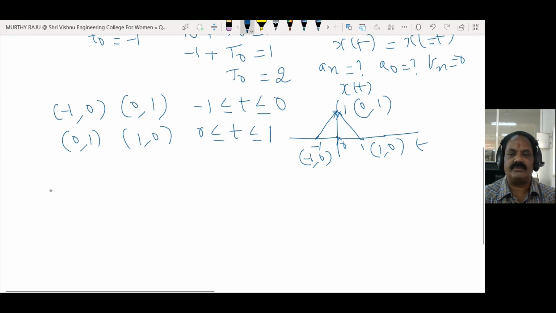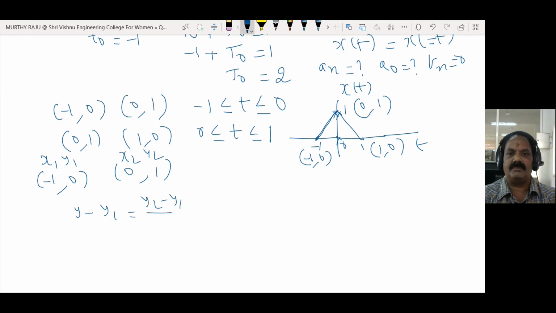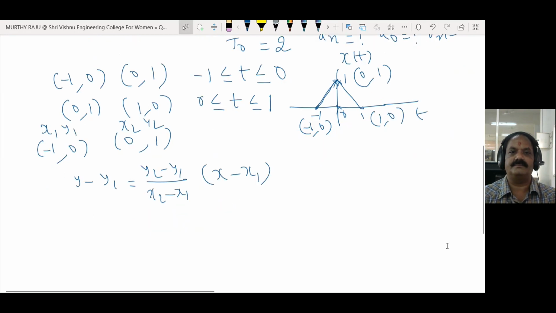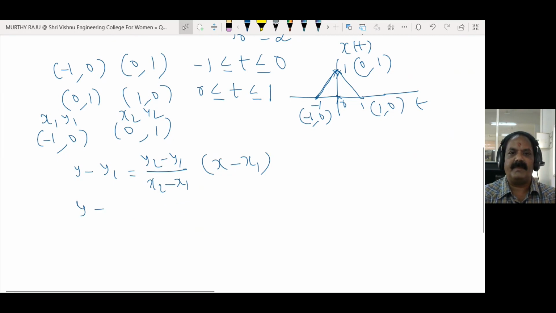Therefore, first of all, you have to find the equation in the interval with points minus 1, comma 0 and 0, comma 1. Using x1, y1, x2, y2: y minus y1 is equal to y2 minus y1 by x2 minus x1 into x minus x1. Here y minus 0 equals 1 by 1, times x minus of minus 1, that is x plus 1.